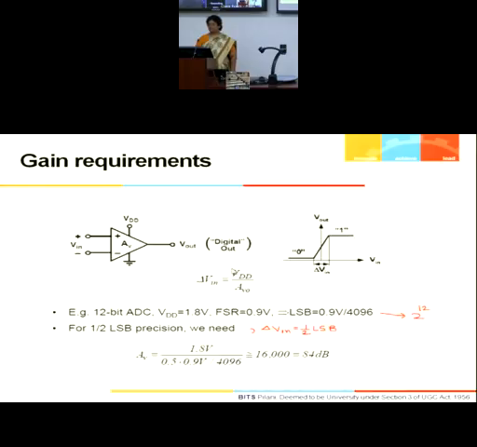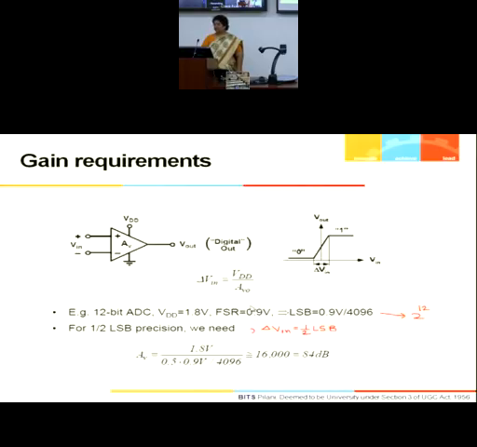Let me say the highest voltage is VDD. Then I can say delta Vin is simply VDD by AV, the gain of the comparator. If you have a 12-bit ADC, I have shown an example where you are working with a VDD of 1.8 volts and your full scale range is 0.9.